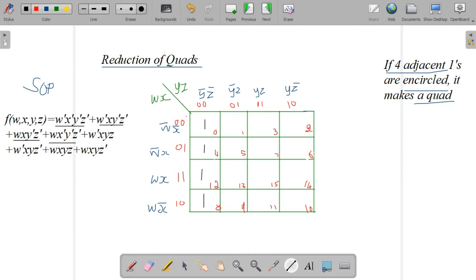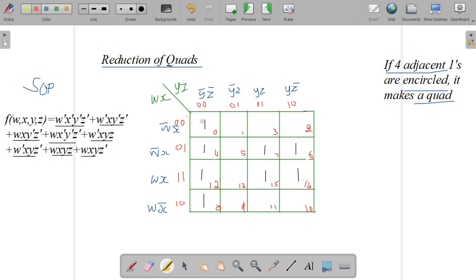The remaining we also fill: W' X Y Z, that means this row, here is the value. Then W' X Y Z', here is the value. Again W X Y Z is a value, then W X Y Z', that is this.